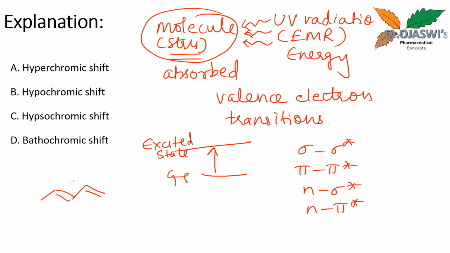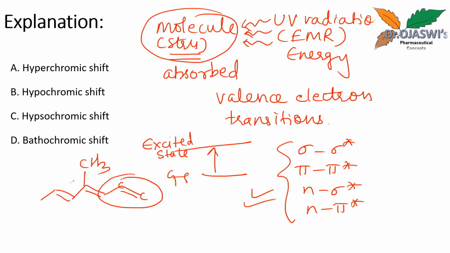But if I add one more unit, suppose I add one more carbon and one more double bond here, what is the effect of this increased conjugation? Such increased conjugation, or substitution of any alkyl groups, affects these transitions.